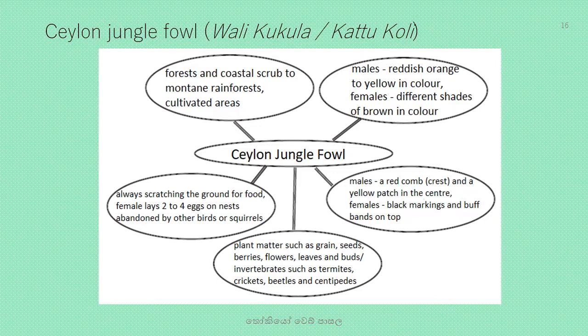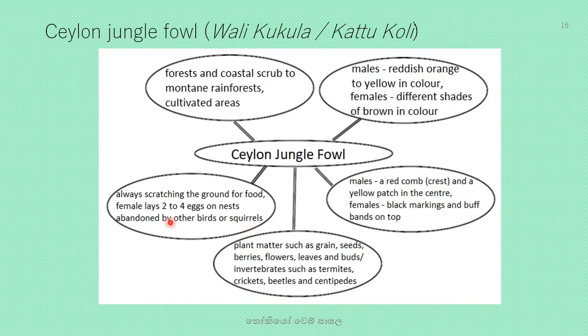And then we needed to find any other special features. So I was able to find that they are always scratching the ground for food. So they keep scratching the ground. Female lays 2 to 4 eggs in nests abandoned by other birds or squirrels.